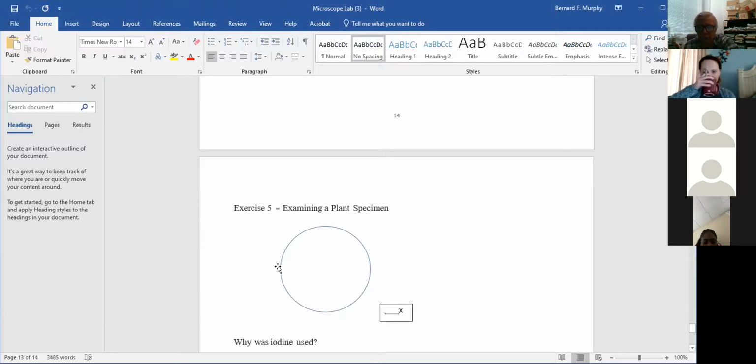So if there was a cell that extended from here to there, how long would that cell be? 500. If there were only two cells, if you counted across the number of cells at the thickest part of the circle, there was one cell, two cells, how big would each one of those cells be? How long would they be? 250 micrometers.